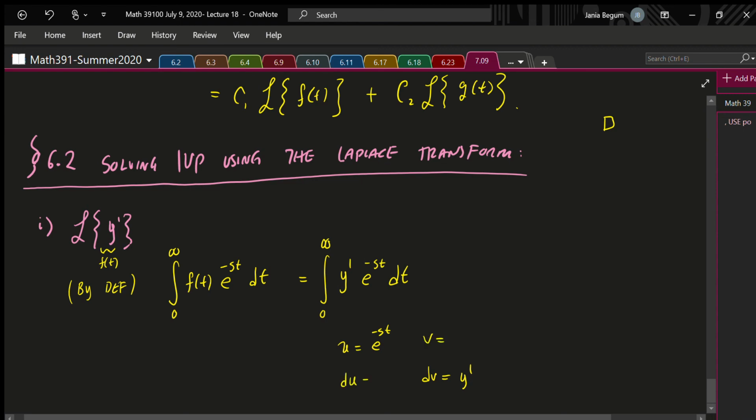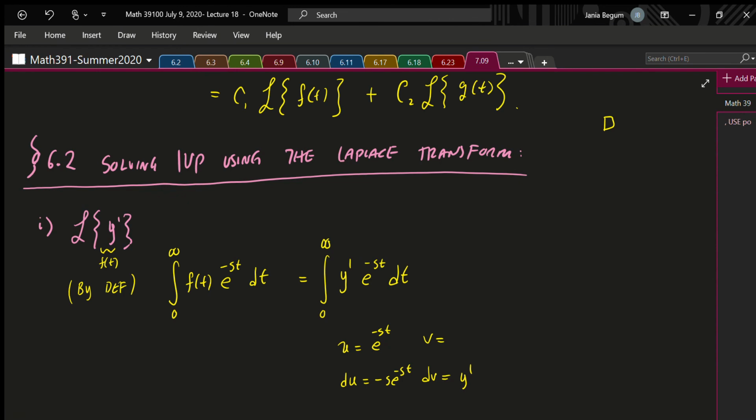So if u is e to the negative st, what is du? And what is v if dv is y prime? y, right? Because you're integrating, so it goes back to the original function.